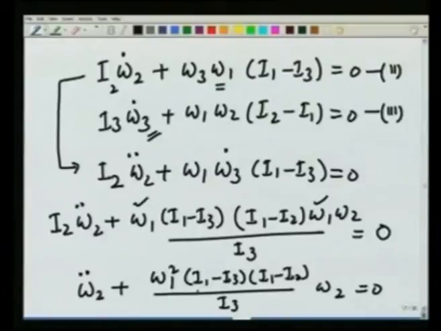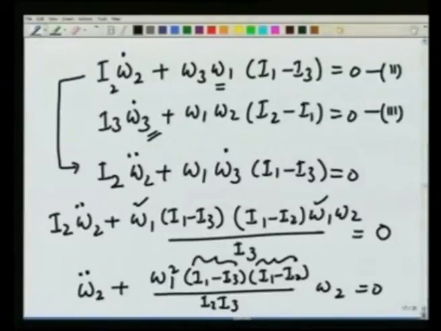Notice, since I1 is the smallest moment of inertia, I1 minus I3 is negative and so is I1 minus I2. Two negative quantities multiplied would give me a positive number, and I should also write I2 here because I have divided by I2.